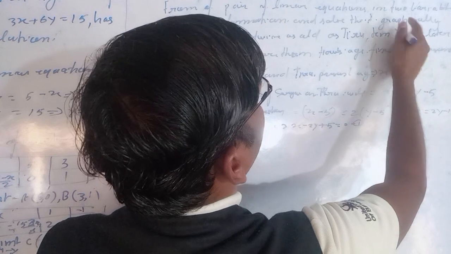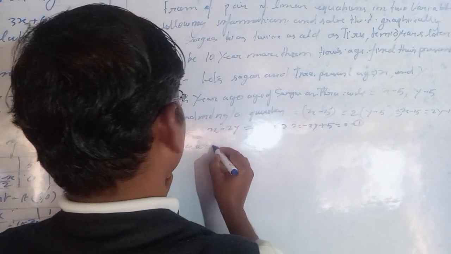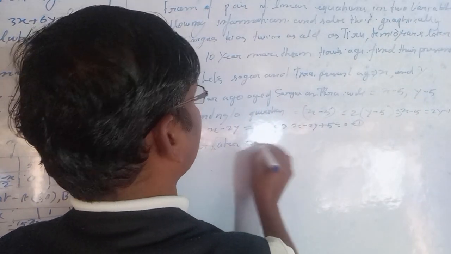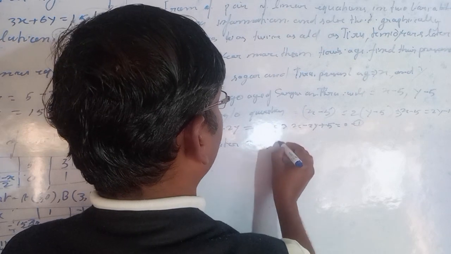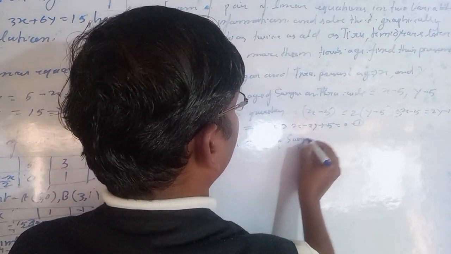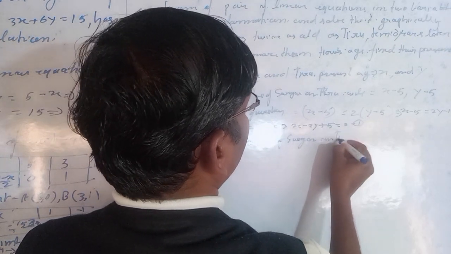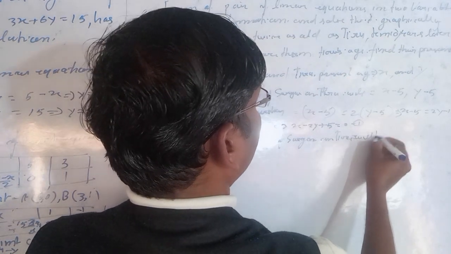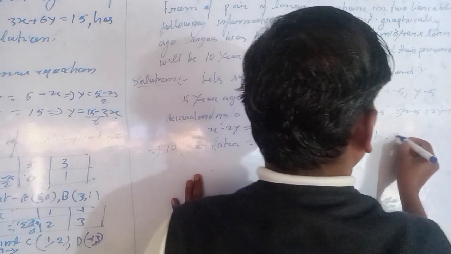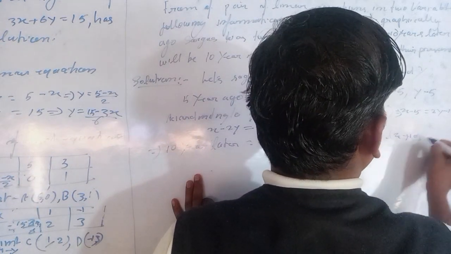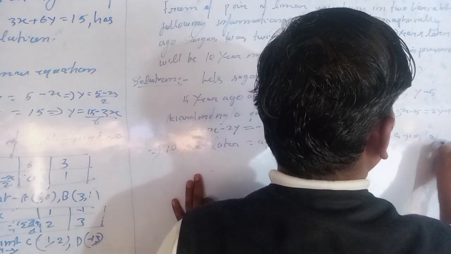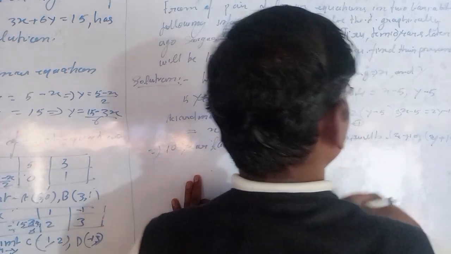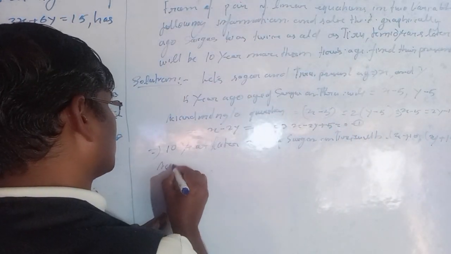So 10 years later, the ages of Sagar and Tiru will be x plus 10 and y plus 10. Okay, according to the question, it becomes, so we will write the equation here.